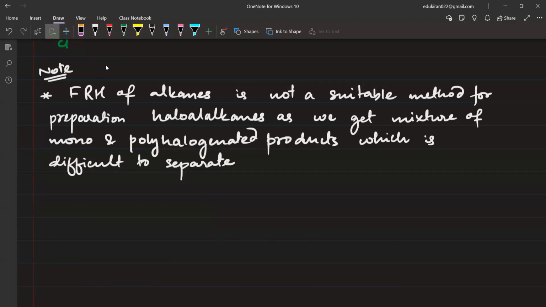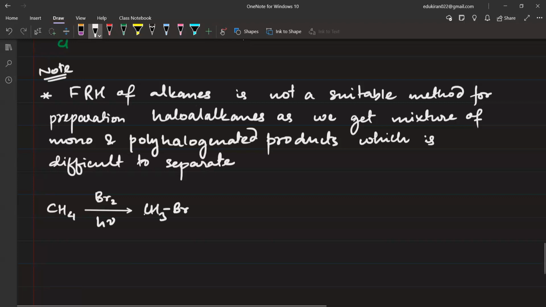Also see, let us suppose I am taking CH4. Please see, don't write anything. CH4, and I am treating this with Br2, bromine, in the presence of light. Now bromine will replace a hydrogen atom. I will get CH3Br.